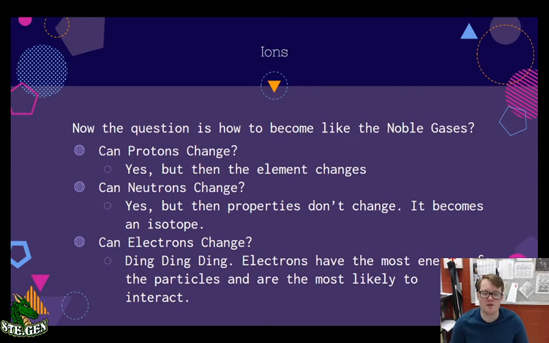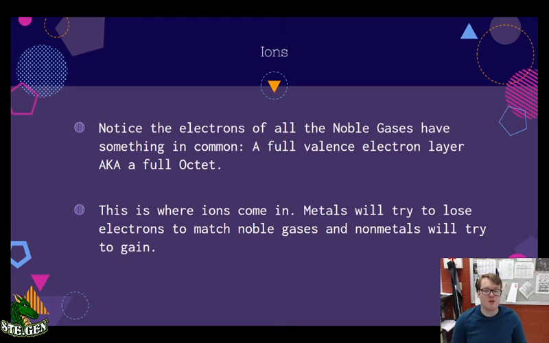Electrons have the most energy of the particles, and they're the most likely to interact, so they're the ones that can change. Instead of getting the element to change into the noble gas, it's going to try to make its electrons on the outside look like a noble gas's electrons. Since the electrons of all noble gases have something in common, a full octet, that's the goal.